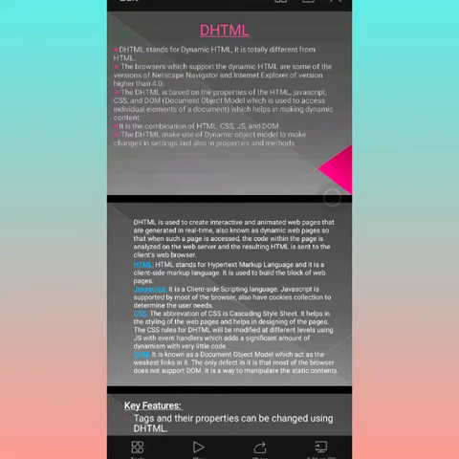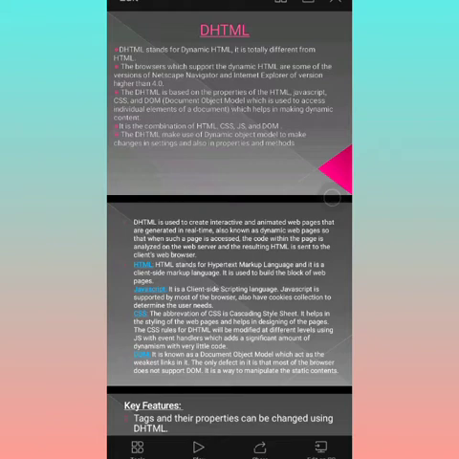DHTML. DHTML stands for Dynamic HTML. It is totally different from HTML. The browsers which support dynamic HTML are some versions of Netscape Navigator and Internet Explorer of version higher than 4.0.